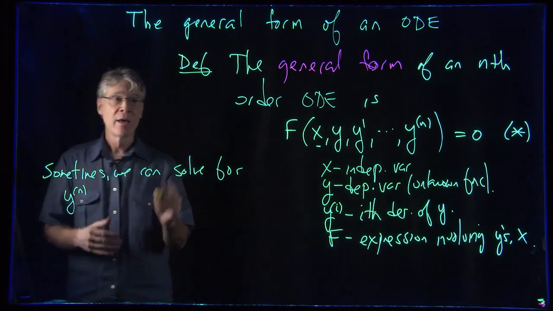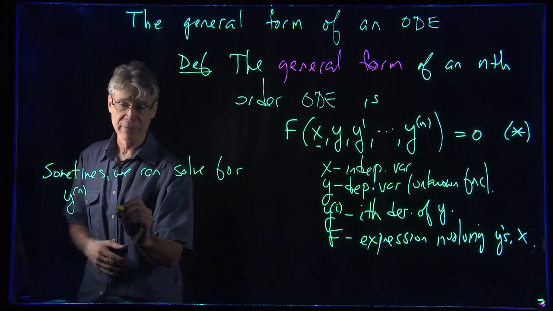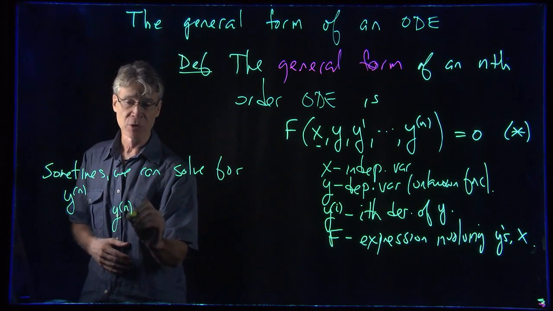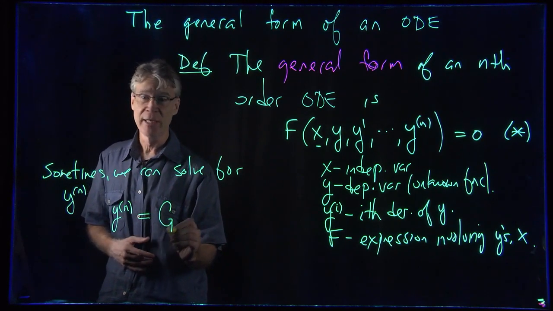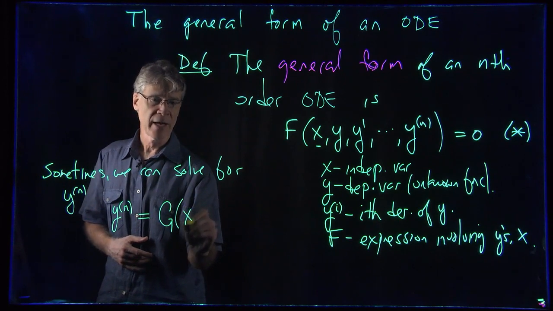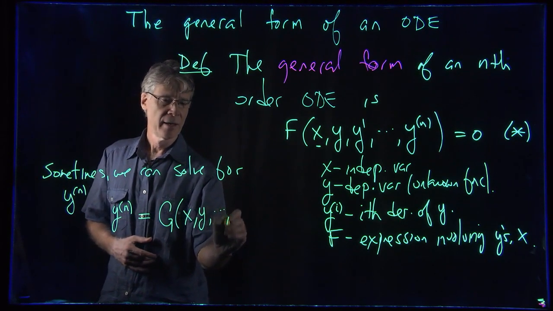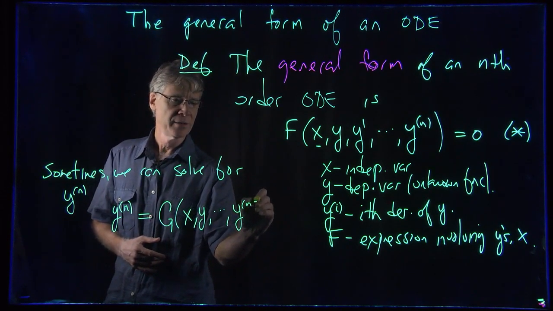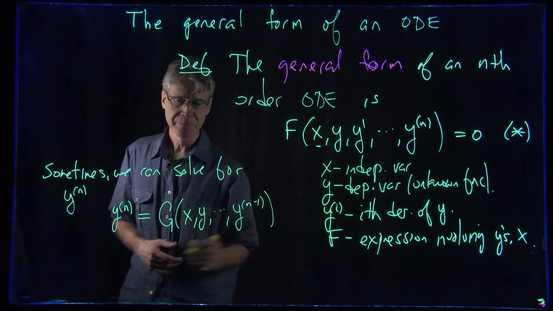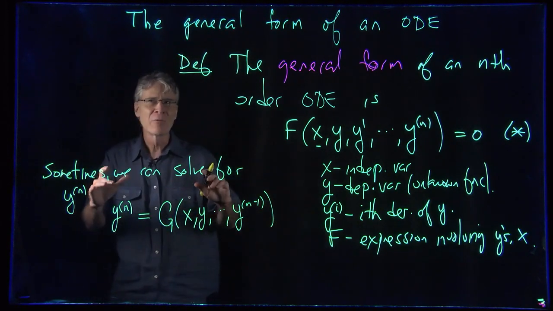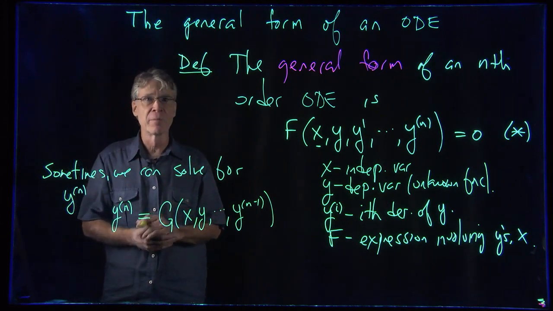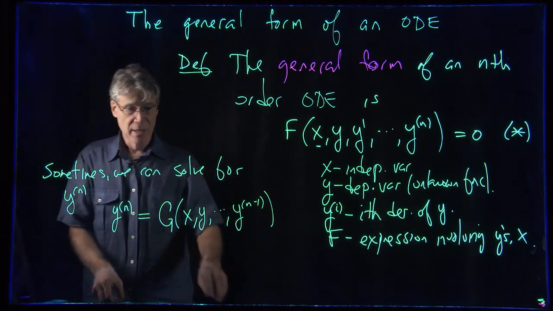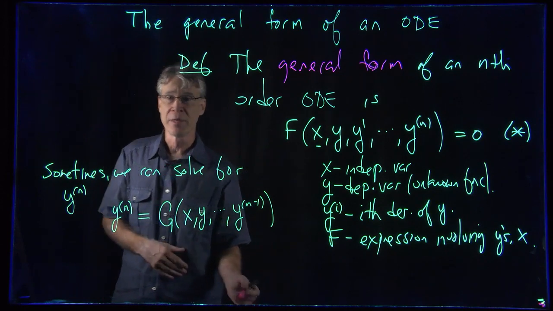But if we can, then this generic form will take a slightly different form. It'll look like the nth derivative equals some big function, and I'll use g this time, of x, y, up to y to the n minus first derivative. This is not really the most general form, but it's a pretty generic form that's going to be useful for us at times, depending upon what our analysis is going to be.